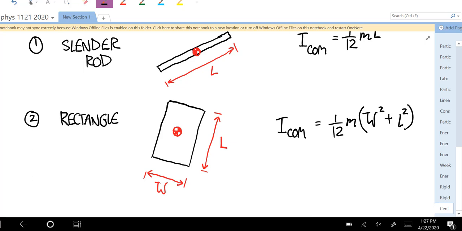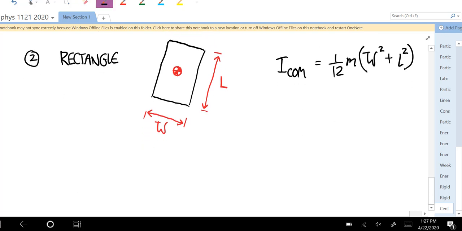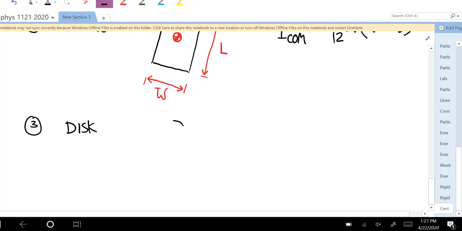And the last shape that's going to be important for us is a disk. Center of mass is right in the middle.